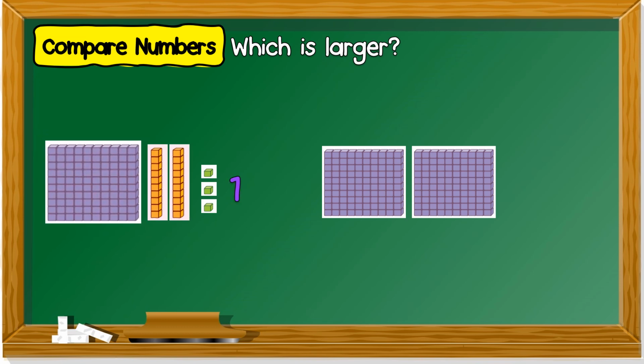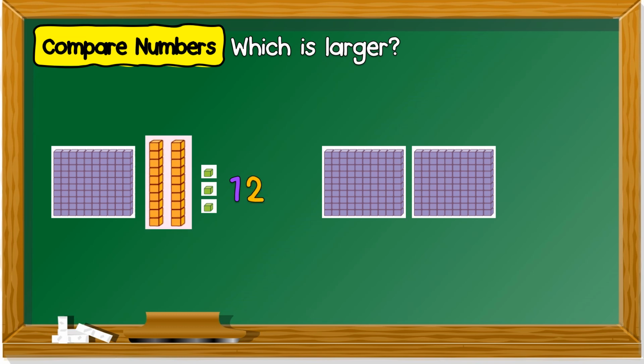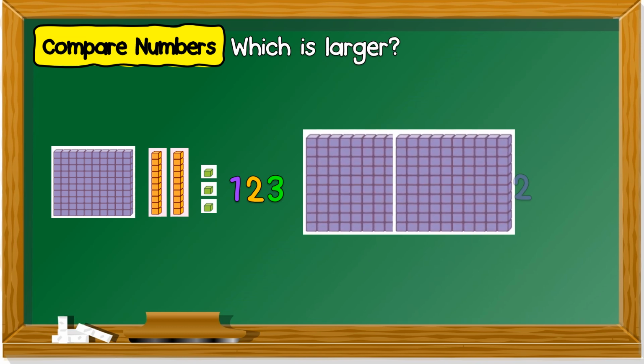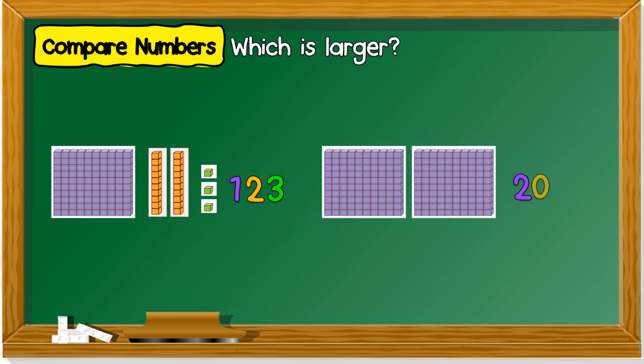Blocks of 10? 2. Blocks of ones? 3. So, it's 123. The one on the right, how many blocks of hundreds? 2. No blocks of 10, no ones. 123 and 200.